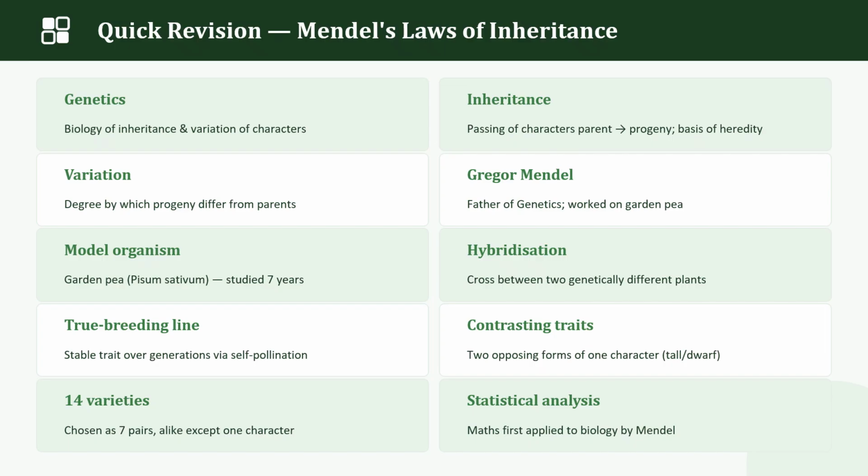Hybridization is crossing 2 genetically different parents, and true breeding plants produce identical offspring for many generations. Mendel selected 14 true breeding varieties arranged into 7 contrasting pairs. His use of statistics made his conclusions scientifically reliable.